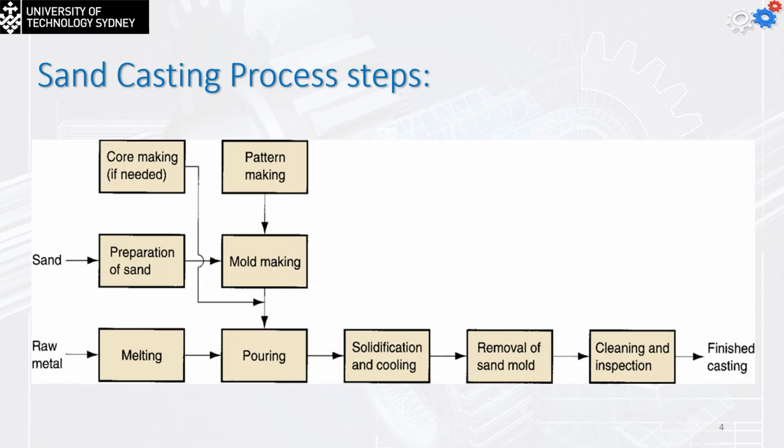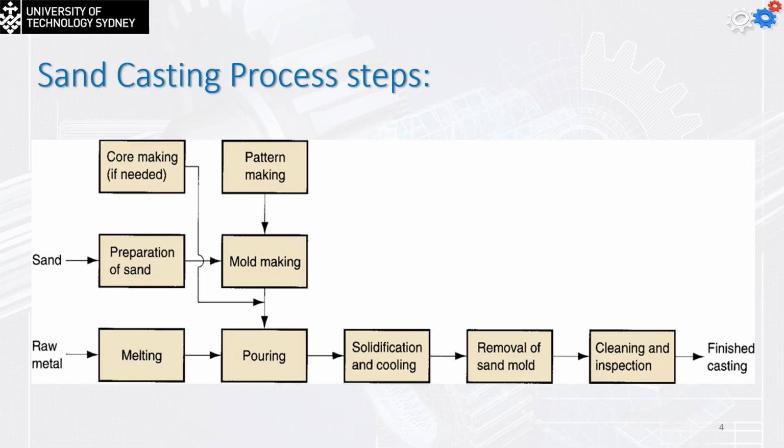The sand casting process steps can be presented in this flowchart. Pattern making is the first one. We prepare the sand, do the mold making, and add the core if needed.